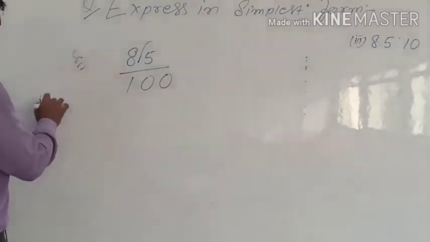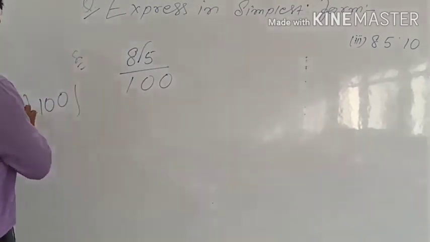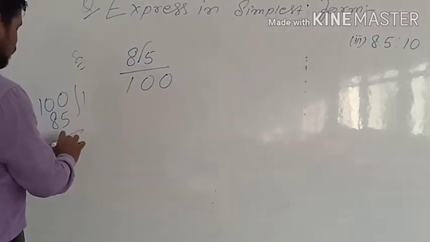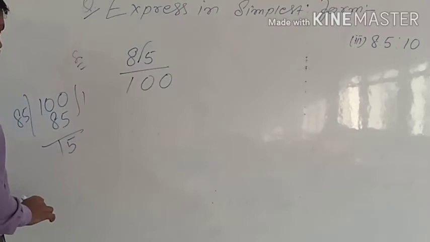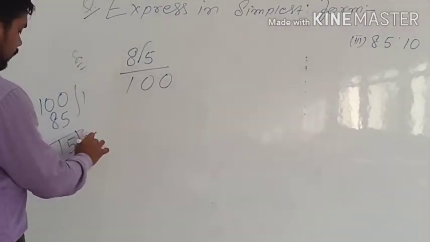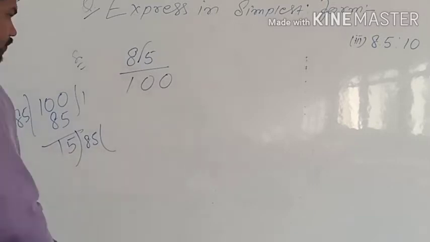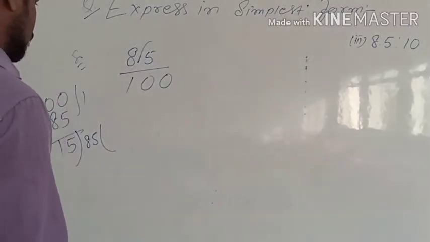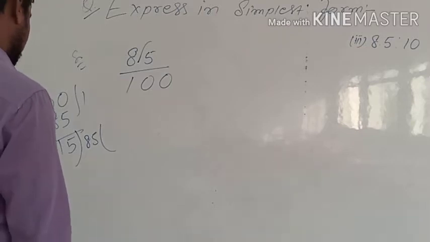So let's see, 100 and 85. So 85 1s are 85. Then 5 1s are 15, right? So 15 into 85. How many times? Okay.